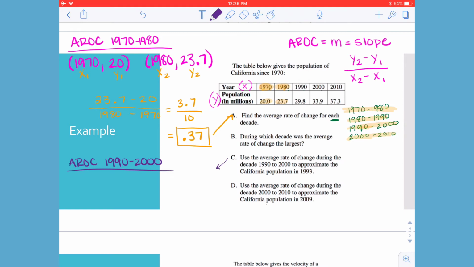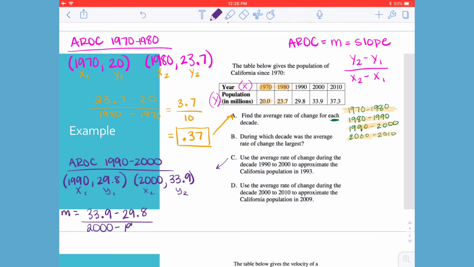So I have 1990 corresponds with 29.8, and I have 2000 corresponds to 33.9. I'm going to call this x1, y1, x2, y2. So I'm going to locate my slope first, 33.9 minus 29.8, all divided by 2000 minus 1990.